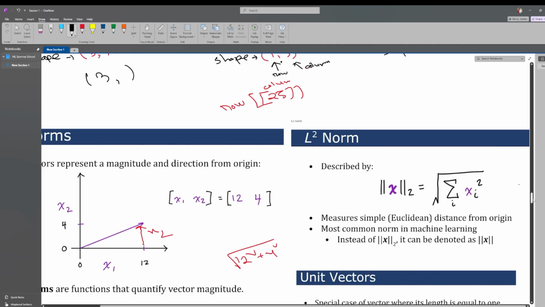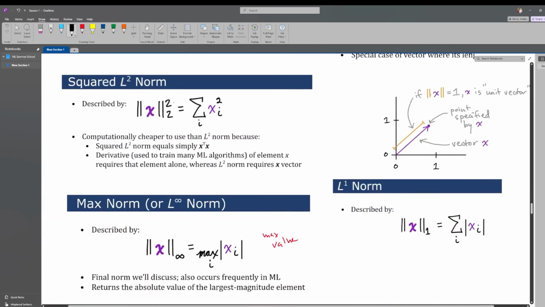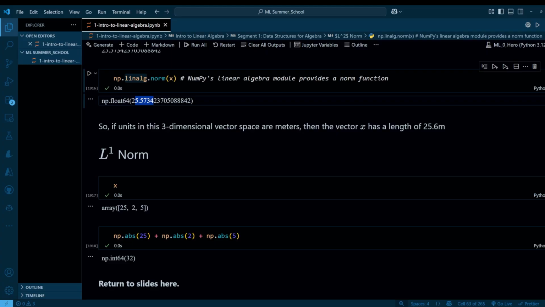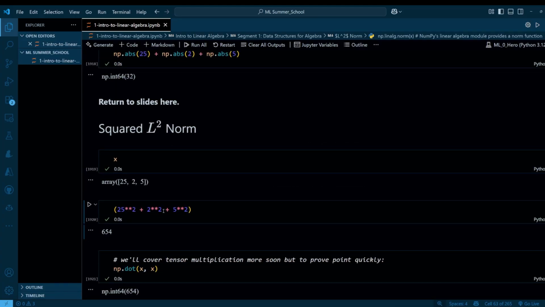And for the squared L2, we just have a square here, so the root is gone. That's it. That means squared L2 is basically the sum of the squares of all of the values. So if we take this value, you can see we just take the square. That's it.